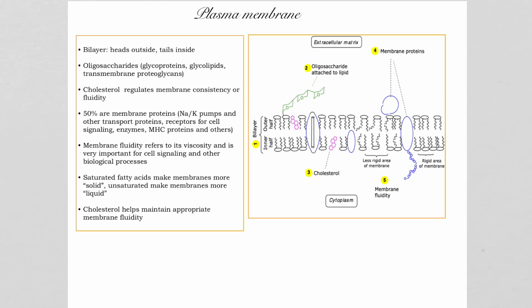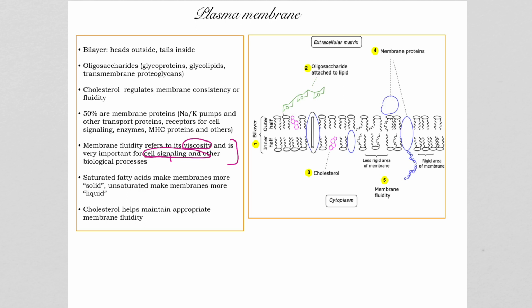One of the important things to note about membranes is their viscosity, their consistency. The membrane is sort of in between a liquid and a solid. And this viscosity is very critical for a lot of biological processes, including cell signaling.